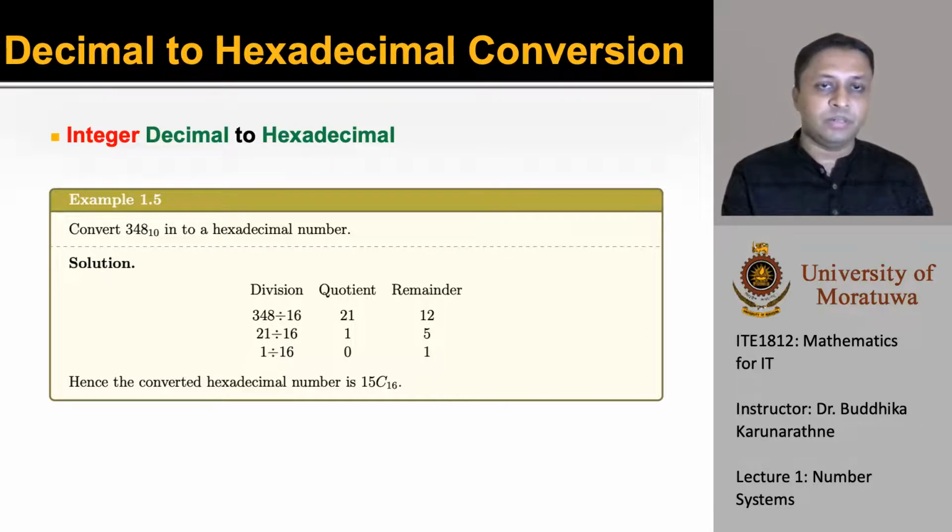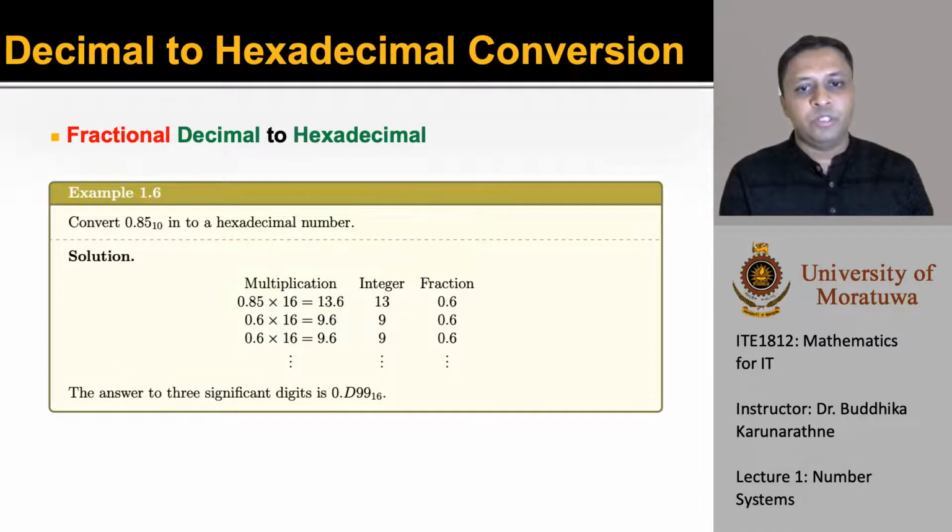Because you are trying to convert that to hexadecimal. You write down the quotients and the remainder ultimately until arriving at 0 for the quotient. So the final answer, the converted hexadecimal number, is 15C. Why do we write C? Because to represent the number 12 in hexadecimal format, we use the letter C. So 15C in hexadecimal format.